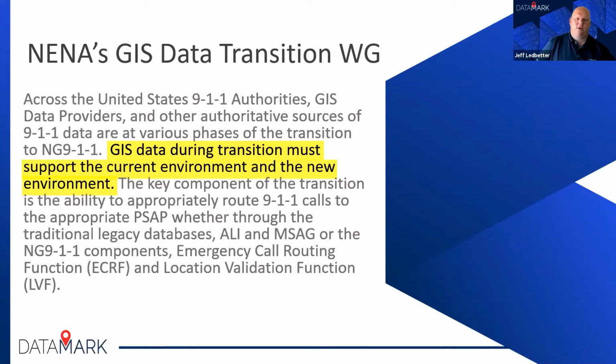So we're going to use terms like legacy to refer to E911 elements and next gen to refer to Next Generation 911 elements. That GIS data will need to appropriately route 911 calls, whether it's connected through the traditional legacy databases like ALI and MSAG, or the Next Generation 911 components like the emergency call routing function and the location validation function.